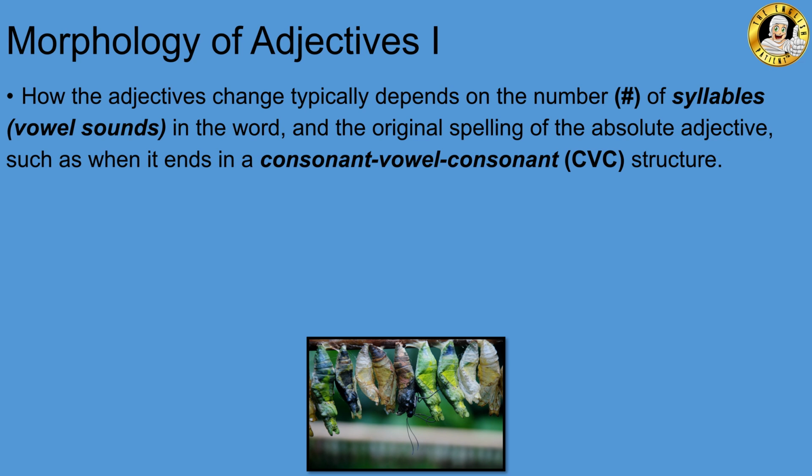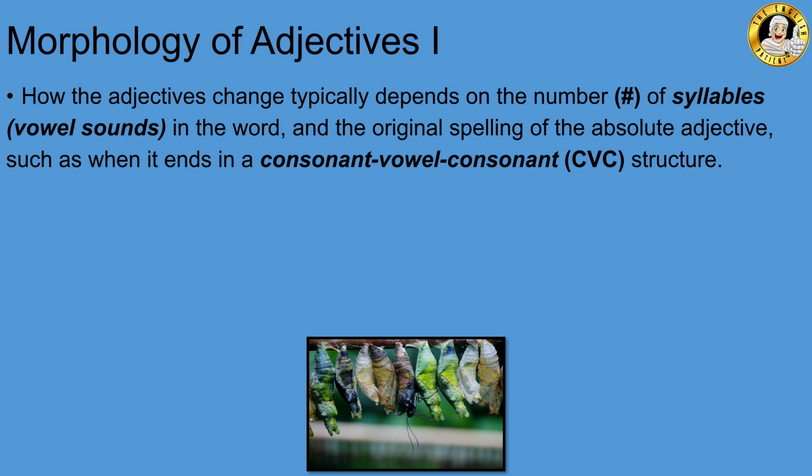And it also depends on the original spelling of the absolute adjective, such as when it ends in a consonant-vowel-consonant structure. The written vowels in English, by the way, are A, E, I, O, U. Sometimes Y is a vowel as well when speaking, but let's keep an eye on the written vowels here because we're looking at the written structure.